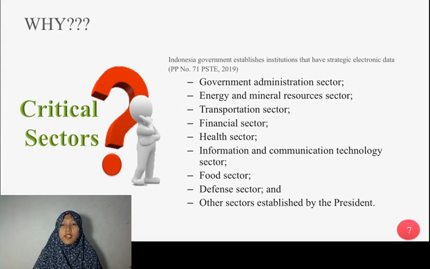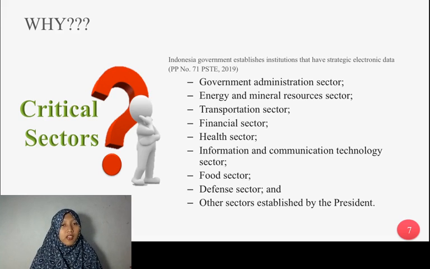The regulation is Government Regulation number 71 of 2019 about operation of electronic system and transaction, which has to be addressed as the most important sector because it has a big impact on the country government.